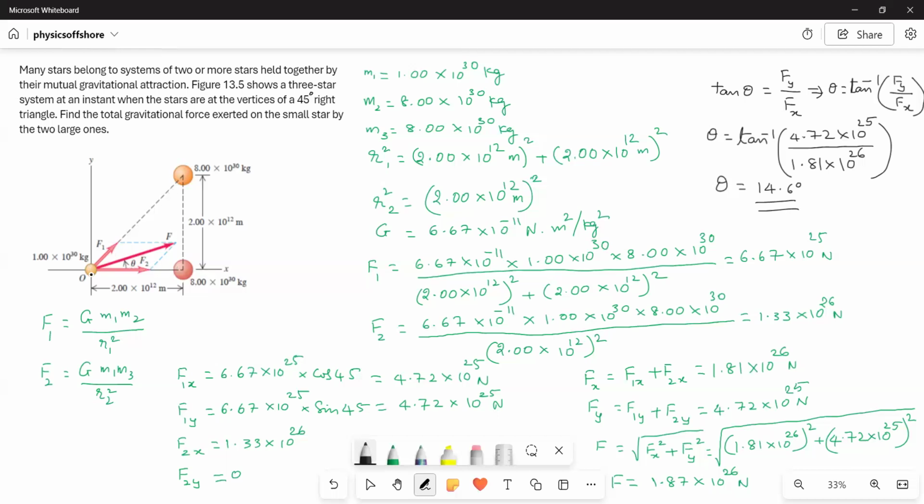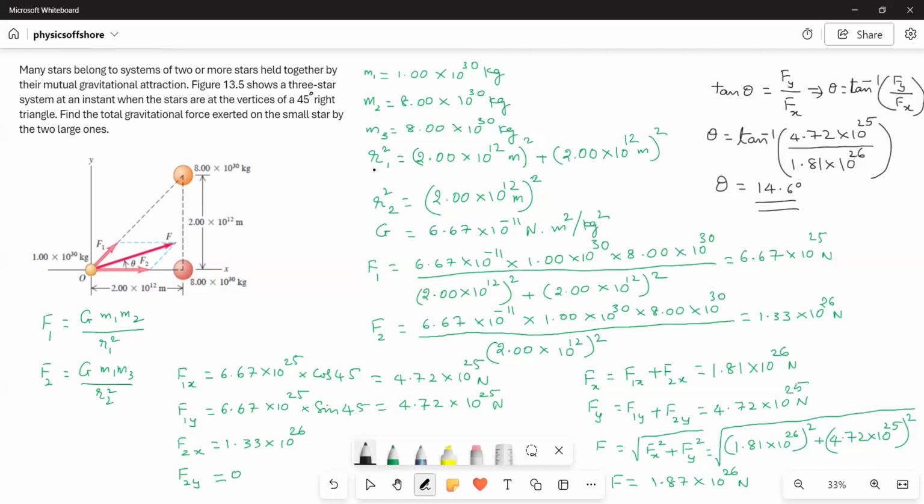We have to follow the Pythagorean theorem to find the distance between these two. This is one side and this is the other side, so to find the hypotenuse, we square these two and take the square root. So R1 square is equal to (2 into 10 to the power of 12) square plus (2 into 10 to the power of 12) square.